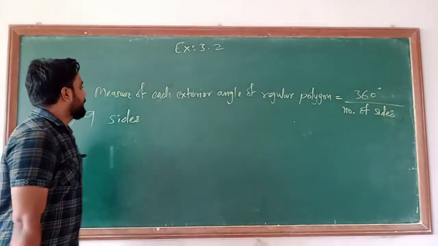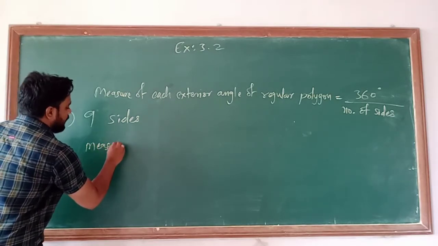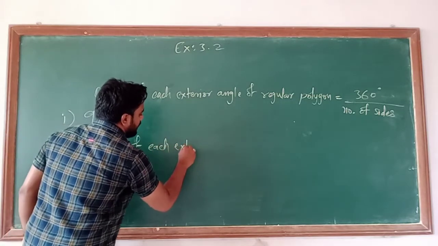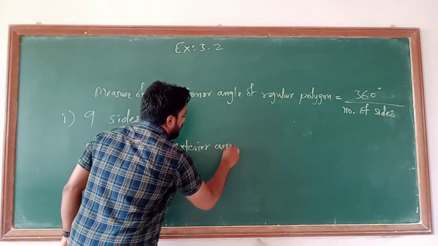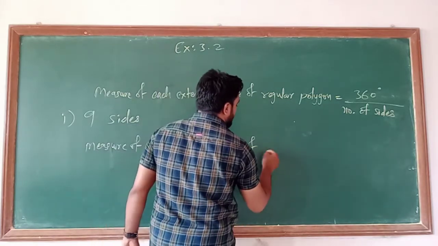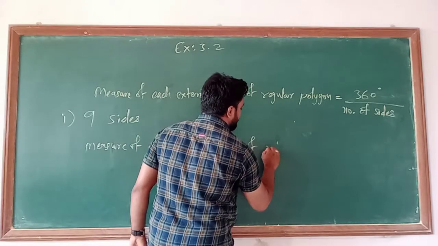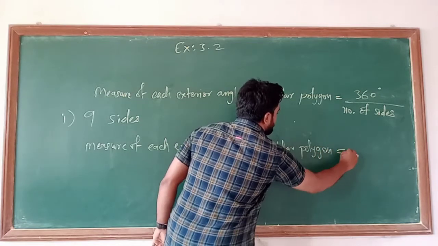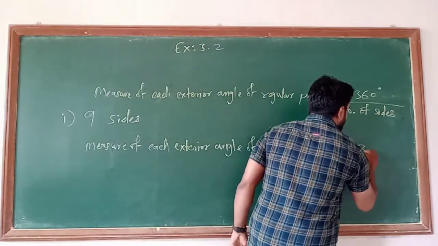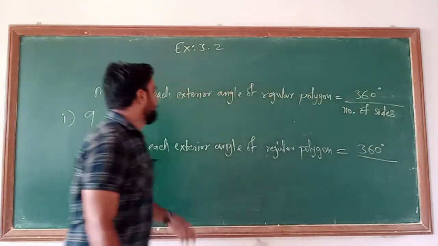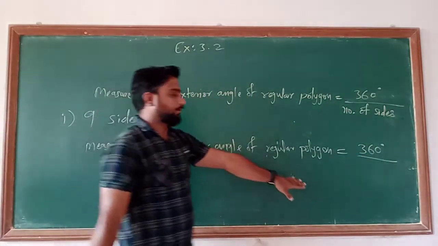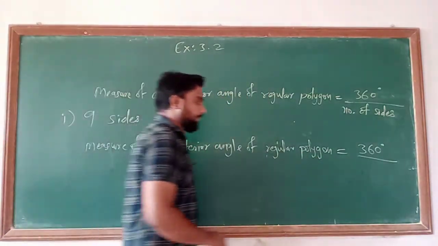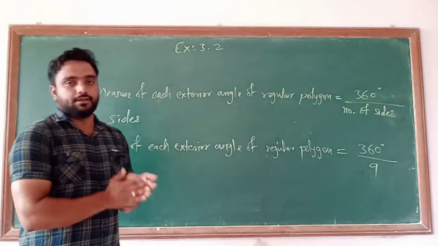The measure of each exterior angle of a regular polygon is equal to 360 degree divided by the number of sides, because in the denominator we have to write the number of sides. So 9 sides are given, so divide by 9.